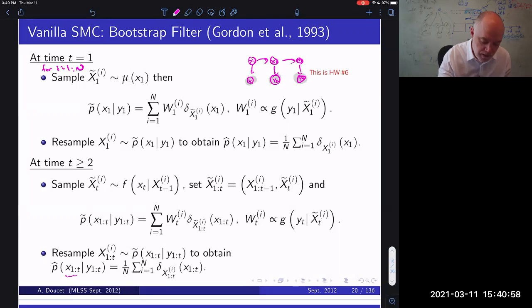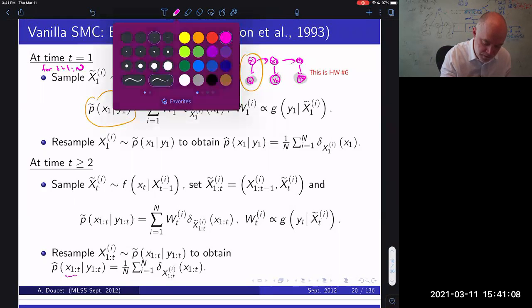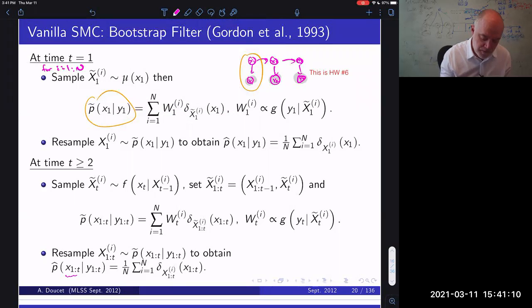So set our estimate of this distribution to be a set of weighted particles where the particles have been drawn from mu, and there are Dirac atoms sitting at those locations, weighted by a likelihood g evaluated at that particle value given the value of the first observation y1.